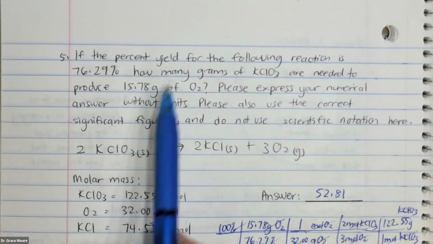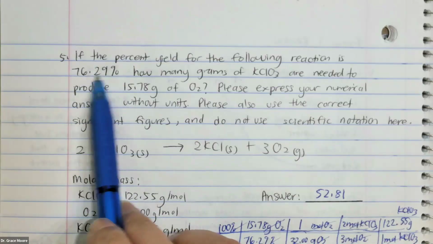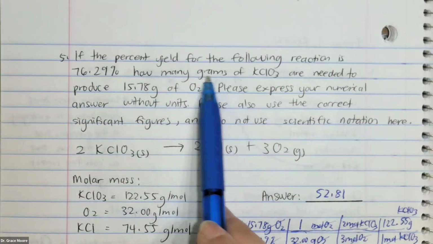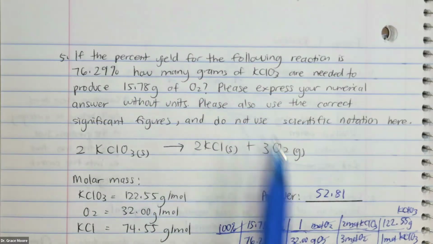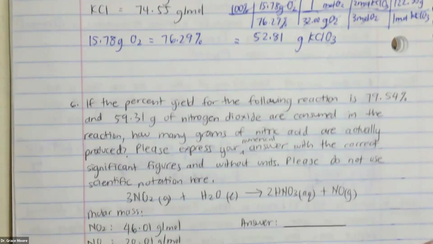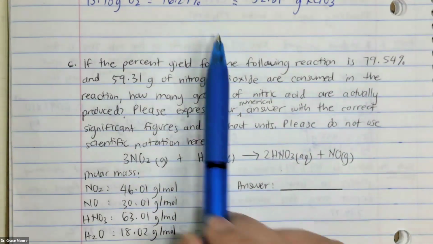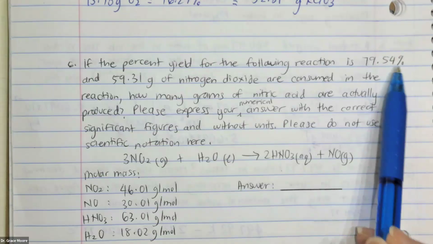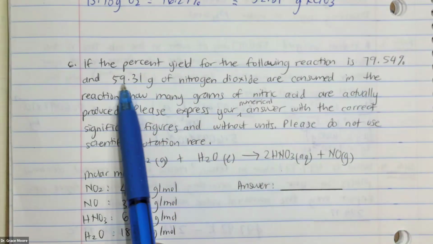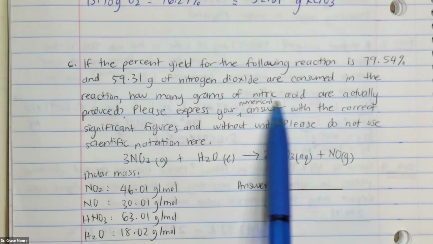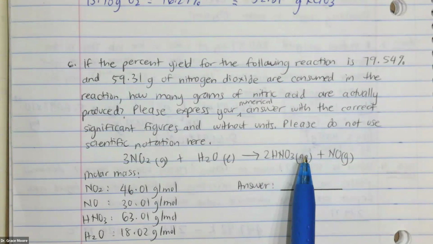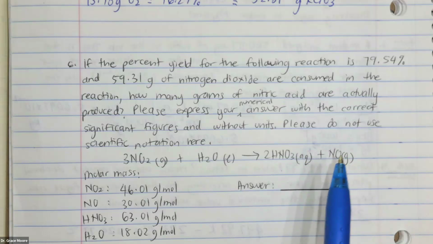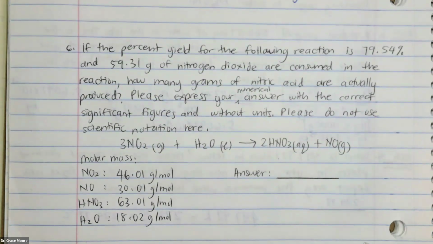That one said percent yield is not 100%, and how much reactant do I need to make a certain amount of product? And this question is the opposite. It says, if my percent yield is this certain number, and I use this much reactant, how many grams of the product, in this case nitric acid, am I going to make? So it's kind of the same concept, but a little different, okay?